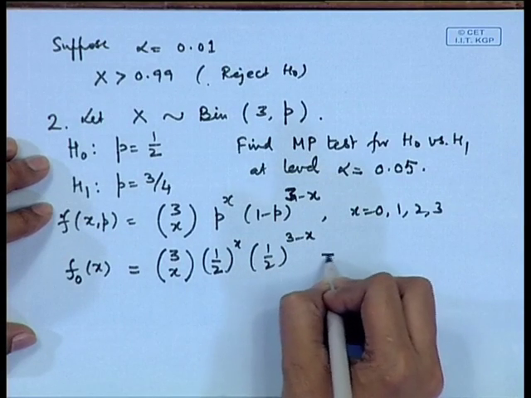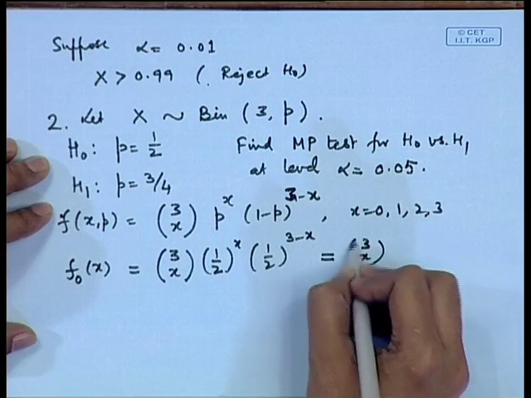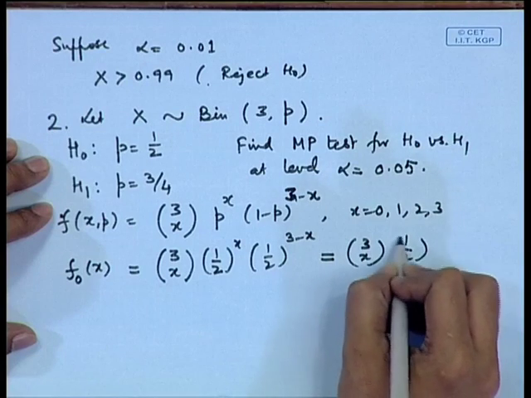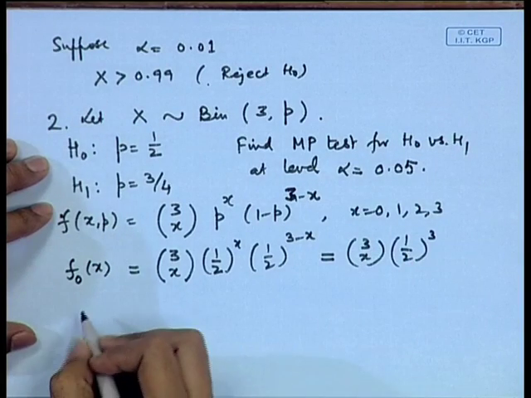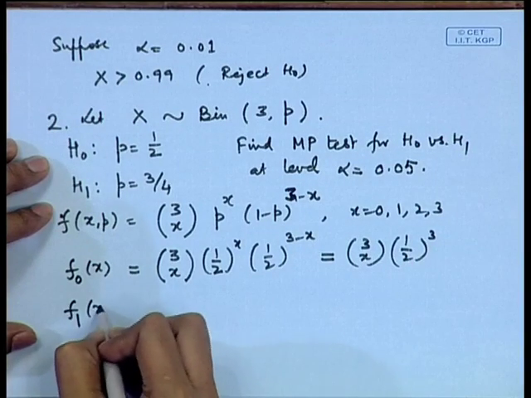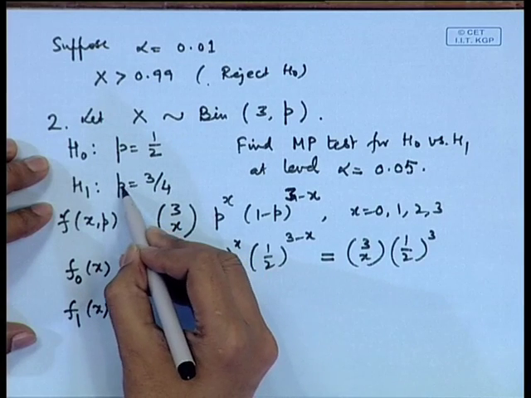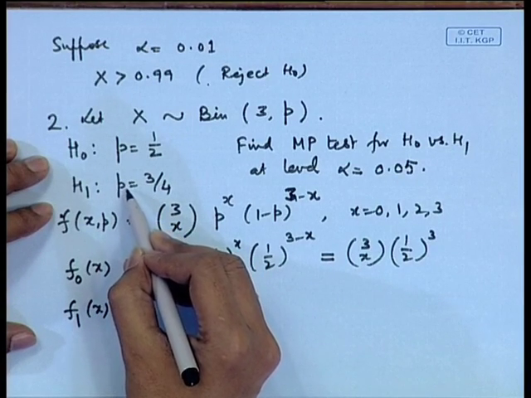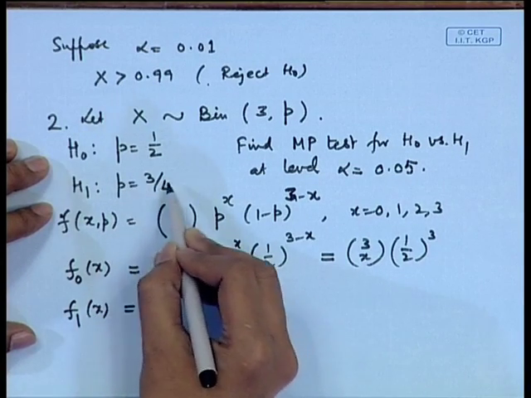So, naturally this is simply equal to 3 C x half cube, whereas f 1 x is the density when the alternative hypothesis is true, that is p is equal to 3 by 4.